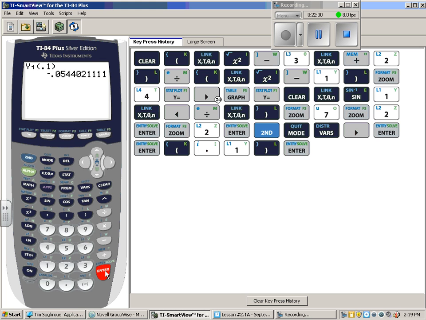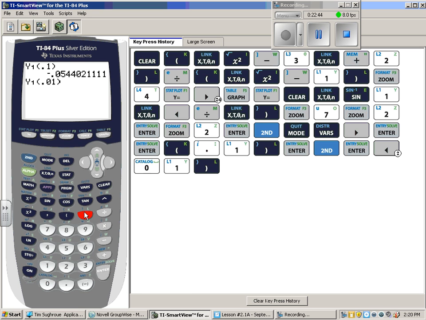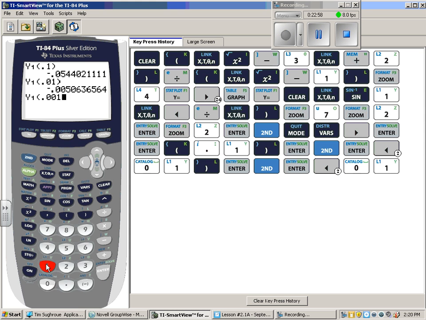If I call that up again, if I go second, enter, and I come back and I change this to 0.01, close it, you get that. And you're going to write that value down. Then I'm going to go second, enter, another 0 and a 1.